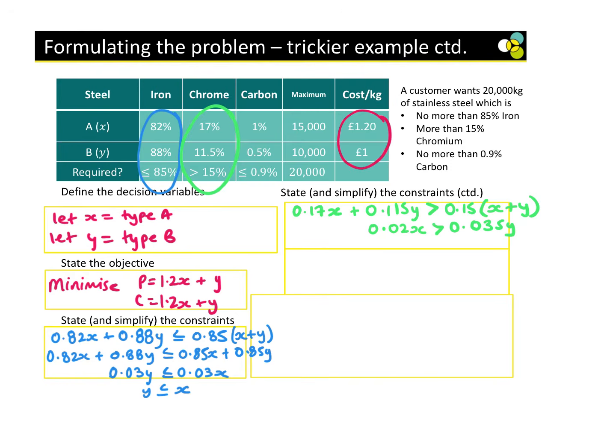So let's divide by 0.035. What's 0.02 over that? 4/7, okay. So 4/7x is greater than y.